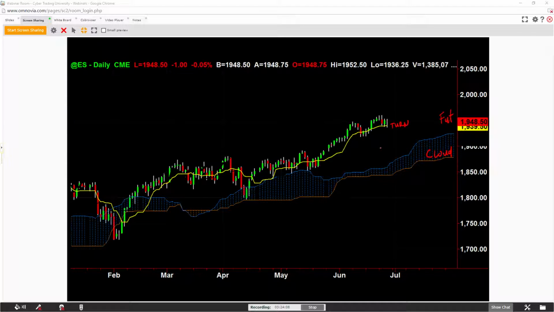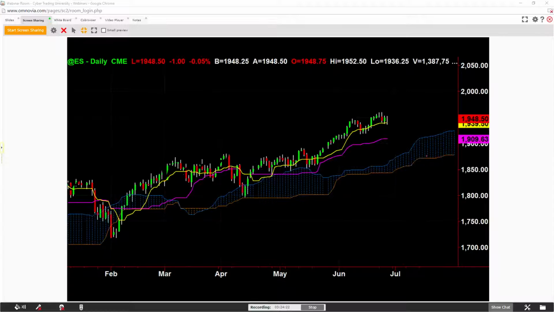There's a different Japanese term for it, but we're in America, so we're going to speak English. Turning line. So this is going to be a 9-period midpoint average. So you got the cloud, and then you've got the turning line. And now we've got 3 things in here. We've got the cloud, C-L-O-U-D. We've got the yellow line, which is the turning line, T-U-R-N.